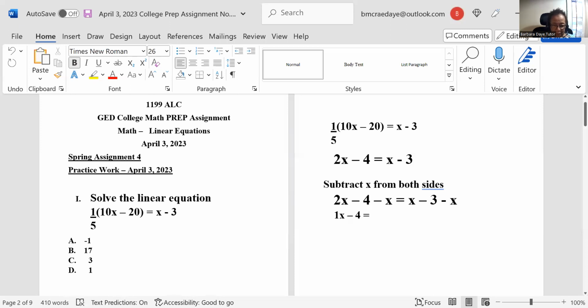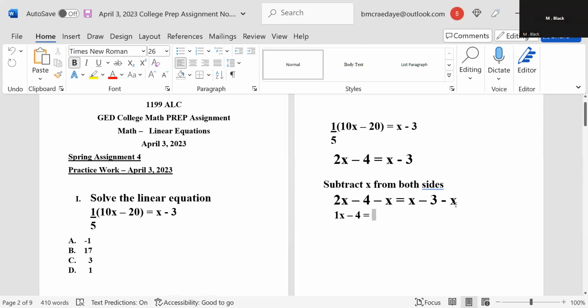And what do we have on the right side, Mercedes? On the right side, we have x minus x and minus 3. You have a plus x and a minus x. It gives you what? A plus x and a minus x, Mercedes.